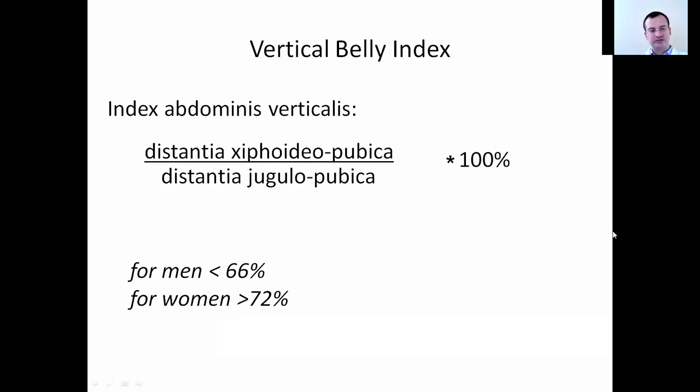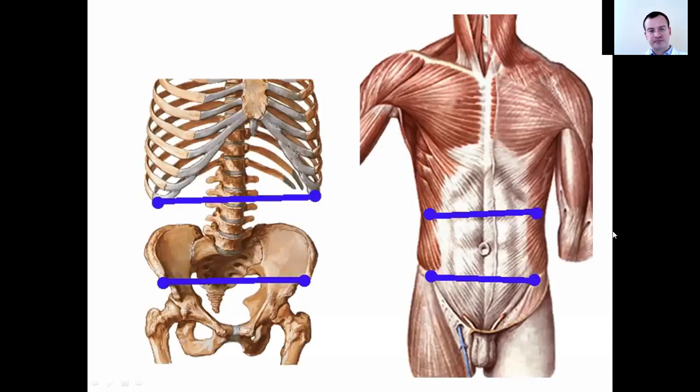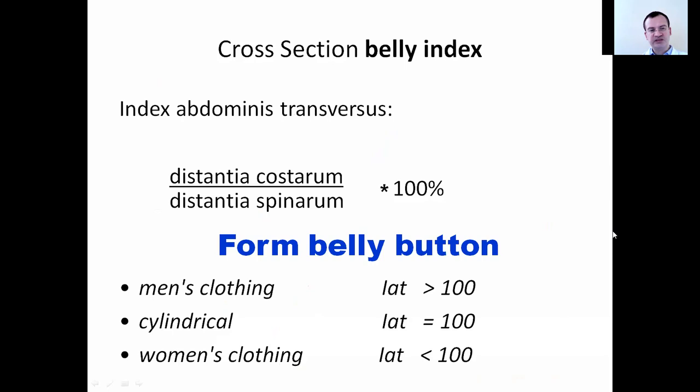The norm for men is less than 66%, for women more than 72%. The next index, abdominis transversus, is distantia subcostalis divided by distantia spinarum, multiplied by 100%.